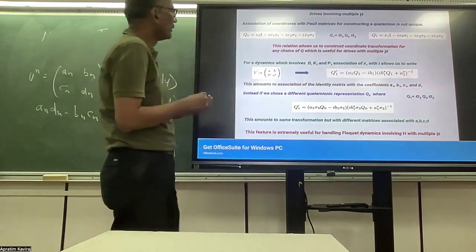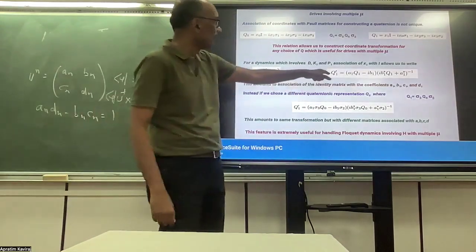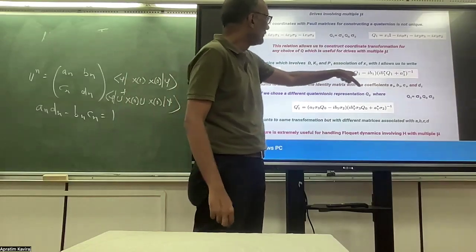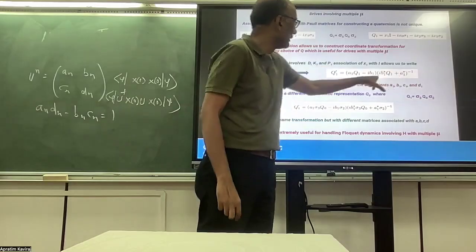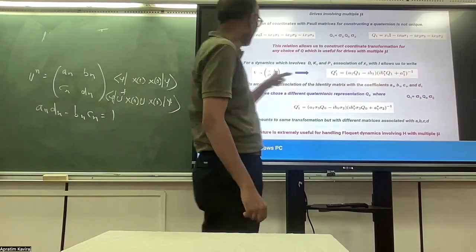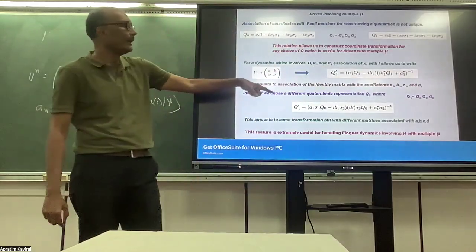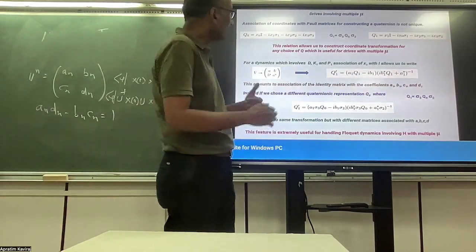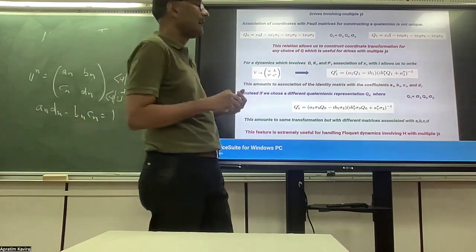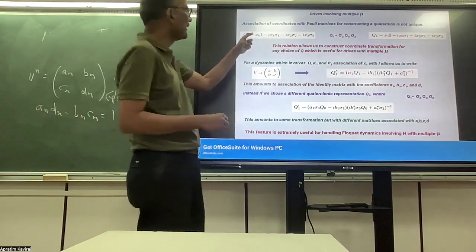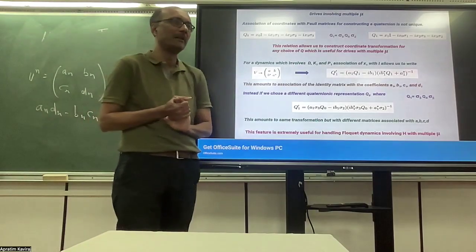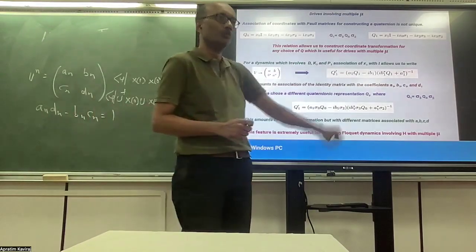Now think of making a transformation, and I have done this transformation in the following manner. This is my transformation matrix V. But now suppose I had chosen my quaternion matrix so that X0 is associated with the identity. What would this transformation do?